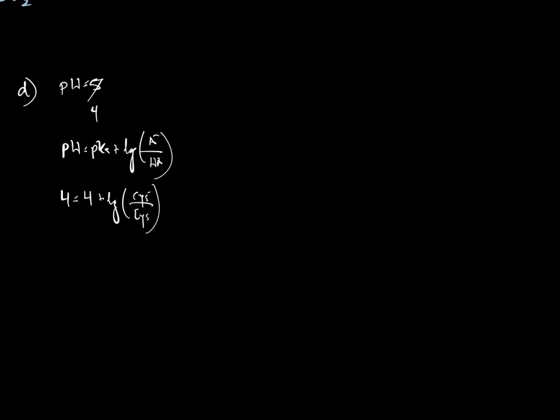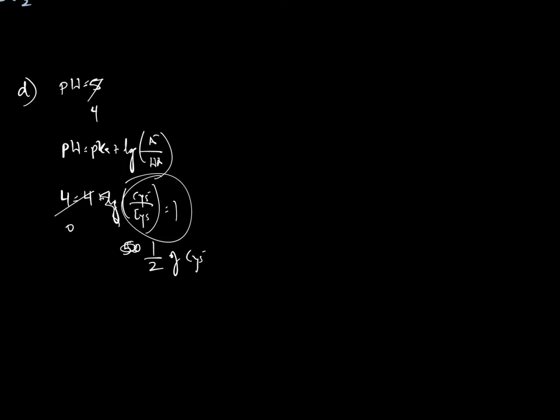And so, this would be 0. So then we know that the log, it'll be a 1-to-1 ratio, right? This is equal to 1. So then you know that it'd be a 1/2 fraction. So 0.5 fraction of cysteine negative.